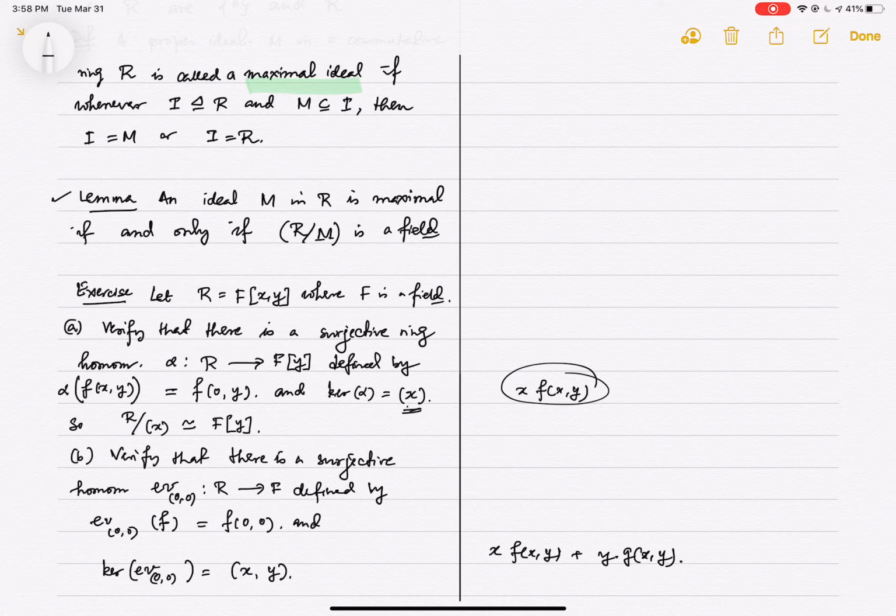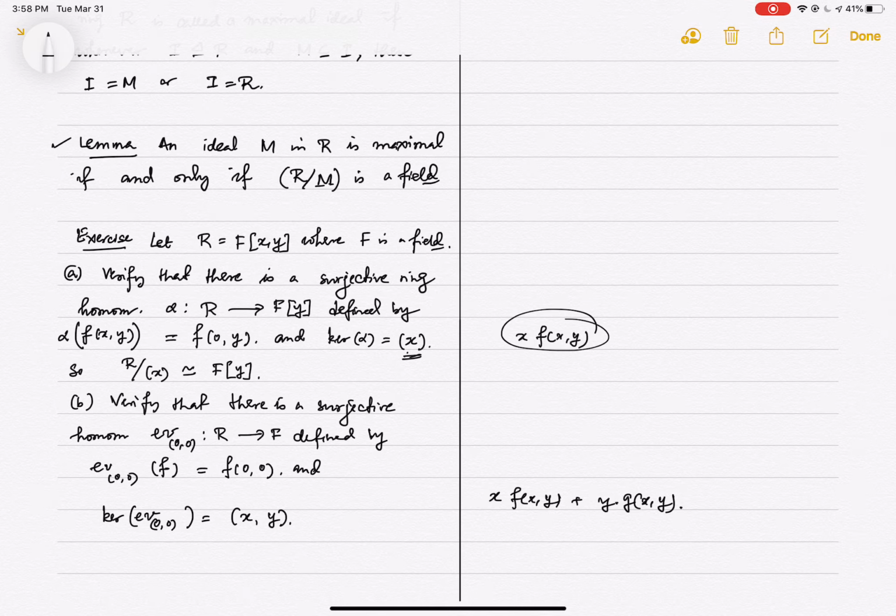Yes, another way to describe this ideal would be all two-variable polynomials that have no constant term. Okay. And check that it's the same as this, where f, g vary over R, equal to the set of all elements of R with 0 constant term.